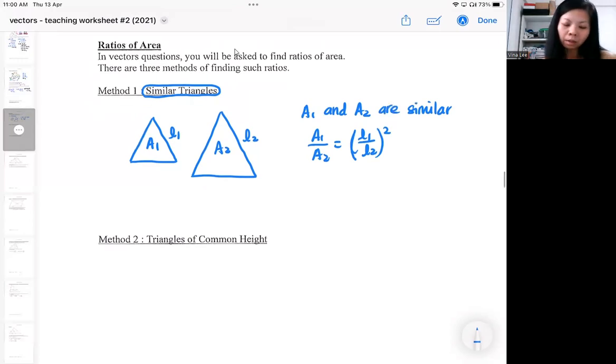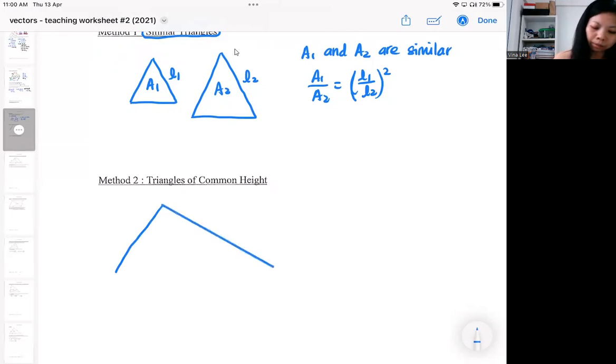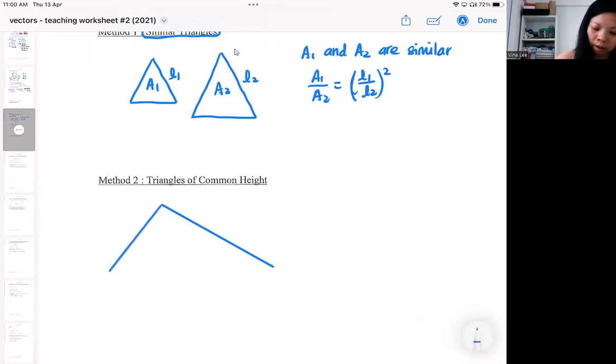The common height is the one that a lot of students couldn't get. Sometimes when the triangles are not similar, you've got to look out for a common height. What do I mean by look out for common height? Let me draw the triangles that have a common height.